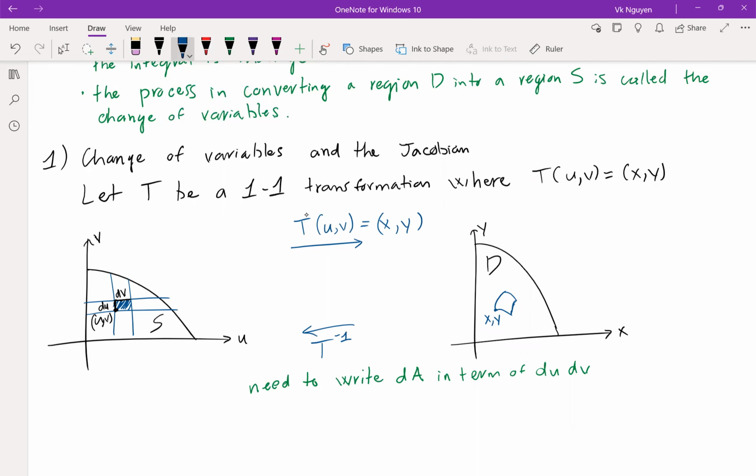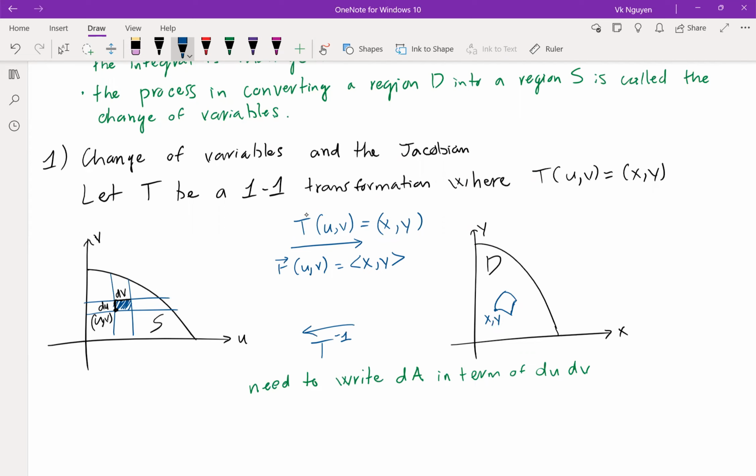So we can get a vector function of u,v that goes to the point (x,y). x is a function of u,v and y is a function of u,v.